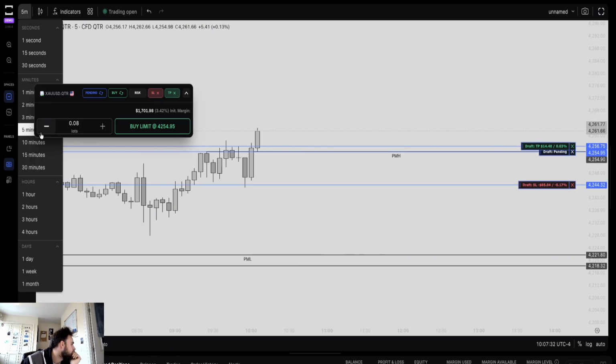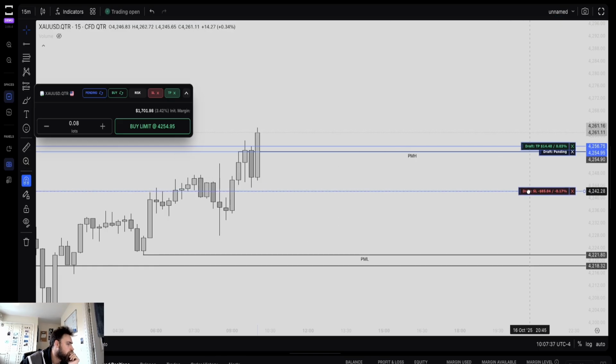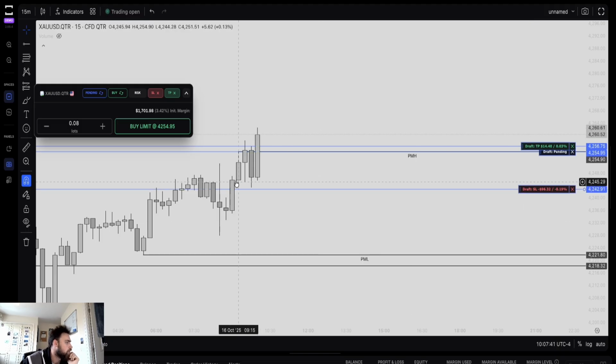We could set our stop on the 15 minutes below all of this liquidity here. And that was another structure that was broken. So if we look at price just over there, boom, respected.